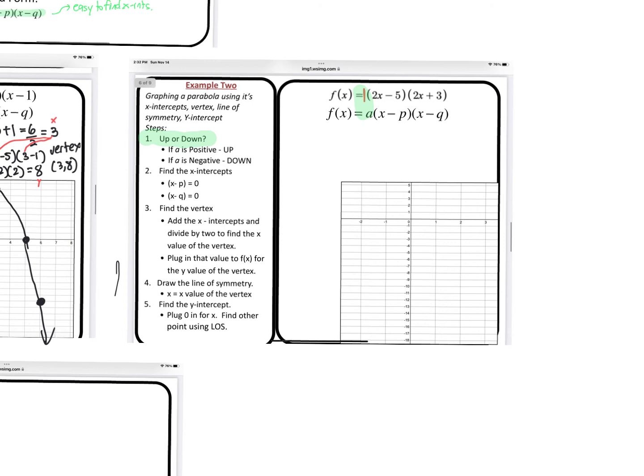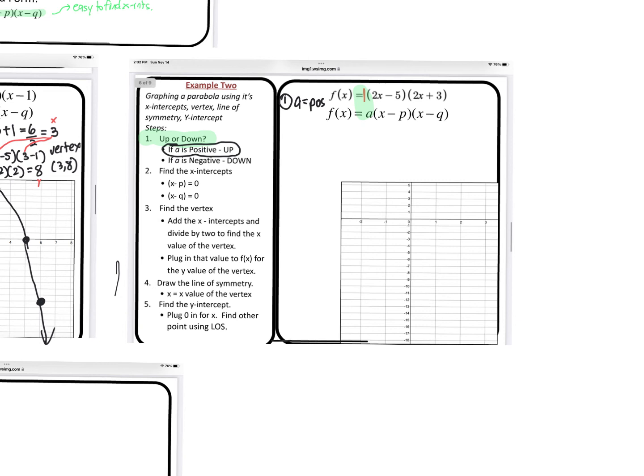And so I know that with step 1, A is positive. So we know that that is going to go ahead and face up, all right, because it's a 1.